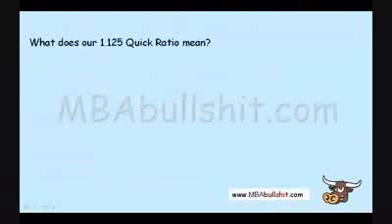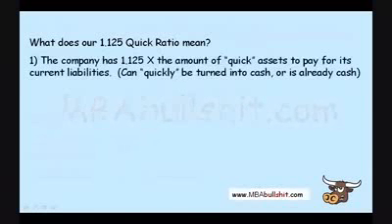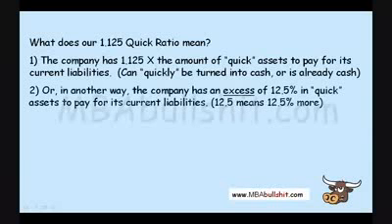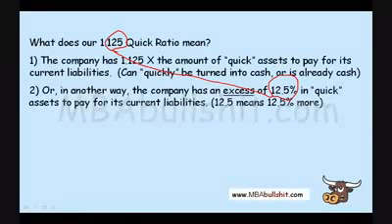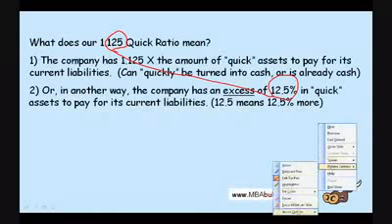What does it mean? It means that the company has 1.125 times the amount of quick assets to pay for its current liabilities. When we say quick assets, we mean assets that can quickly be turned into cash or are already cash. Or in another way, the company has an excess of 12.5% in quick assets to pay for its current liabilities. Where do we get this 12.5%? This 0.125 is equal to 12.5 in percentage terms.